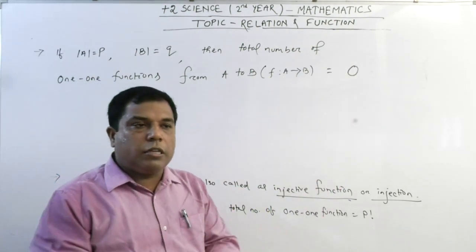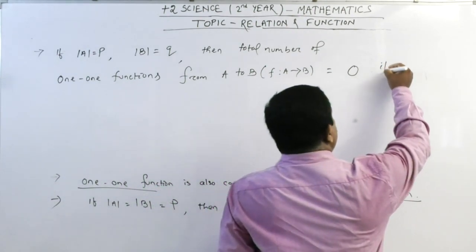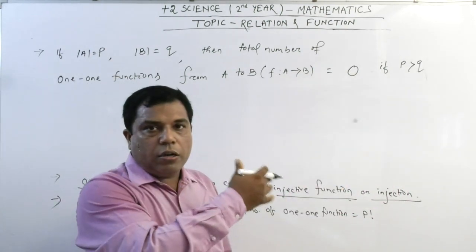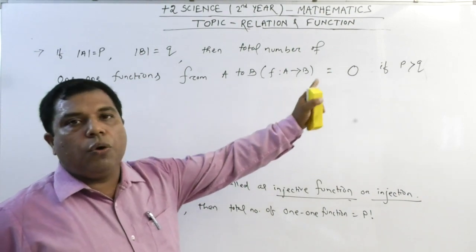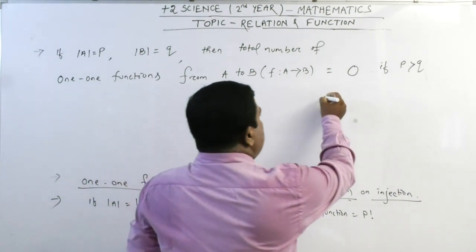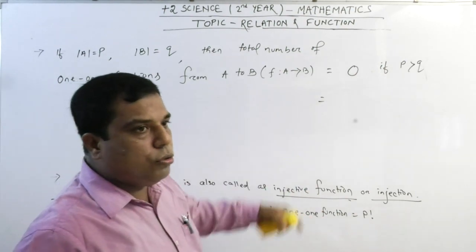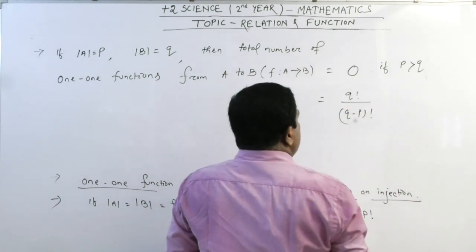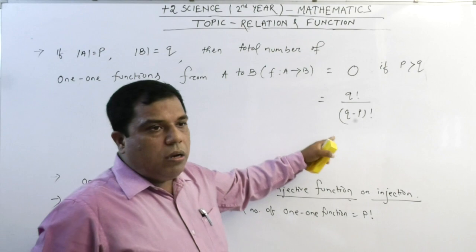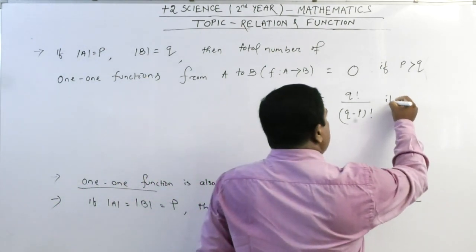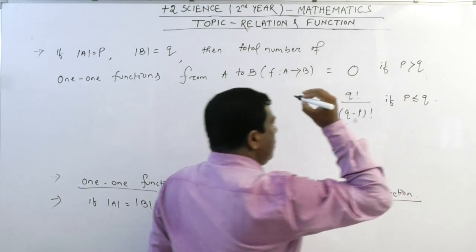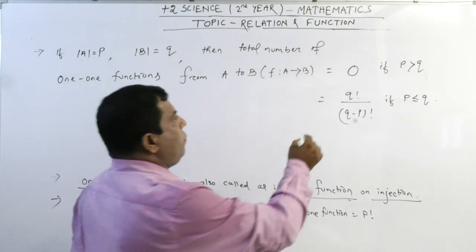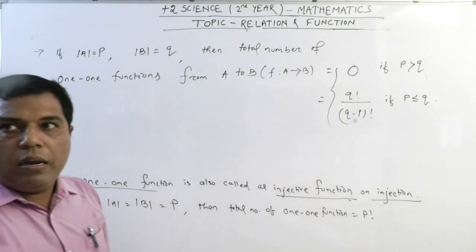That means no one-one function can be found under what condition? If P is greater than Q. We will elaborate it diagrammatically later on. So it is equal to 0 if P is greater than Q, and it is equal to Q factorial divided by Q minus P factorial if P is less than or equal to Q. Okay, in this way we are able to get the total number of one-one functions.